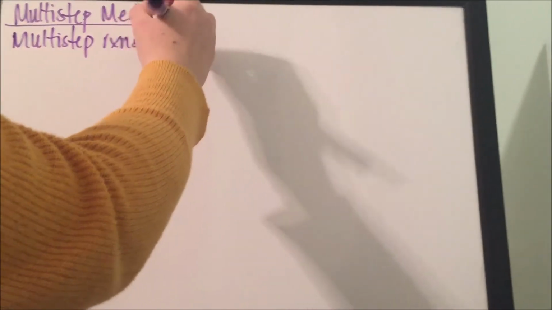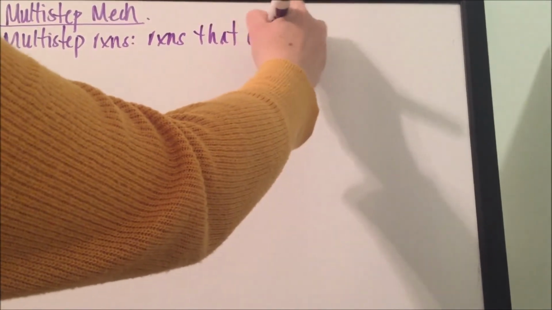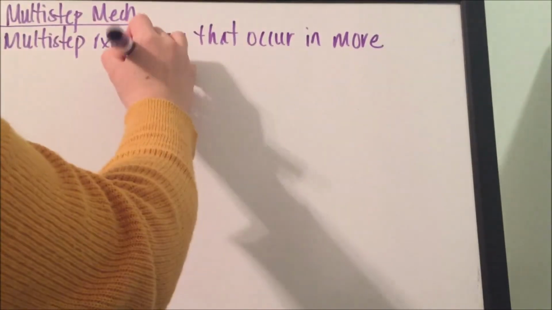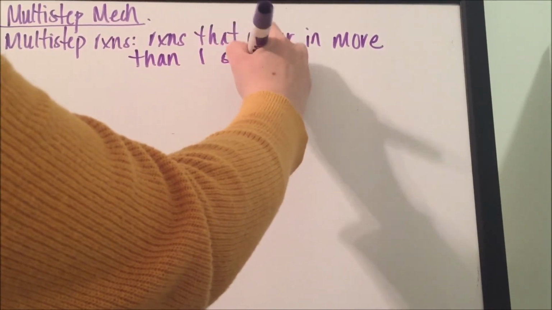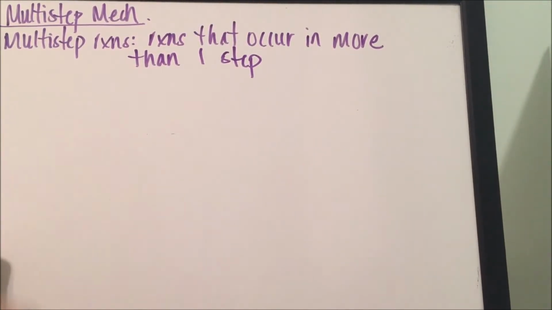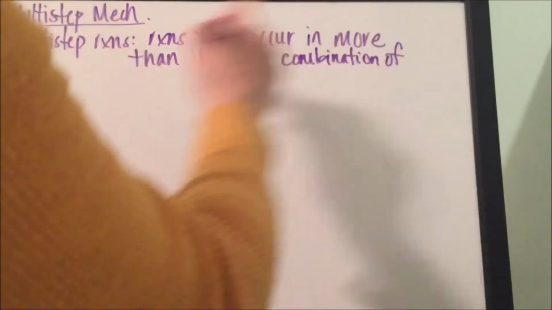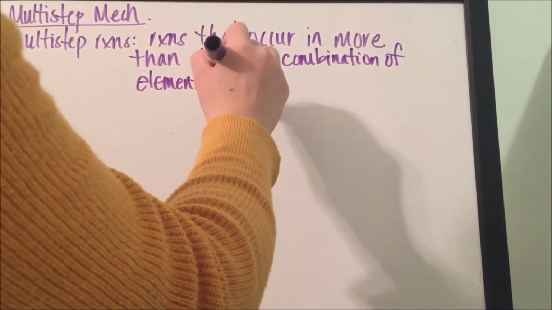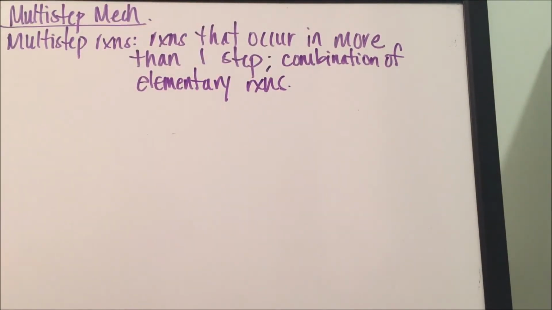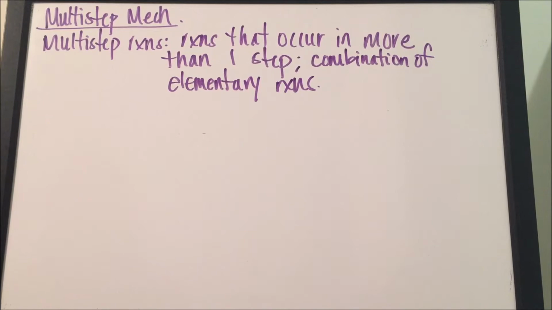Okay, so multi-step reactions are reactions that occur in more than one step, and they are a series of elementary reactions combined together.